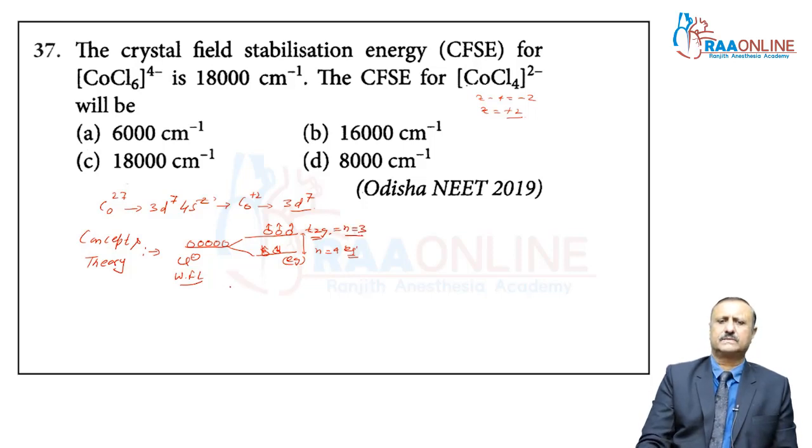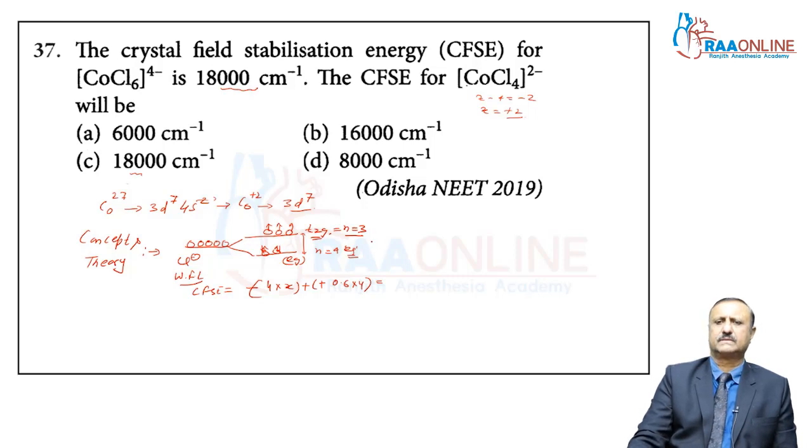Now minus 0.6 into x plus 0.4 into y equals CFSE. Here you get 18,000 per centimeter.